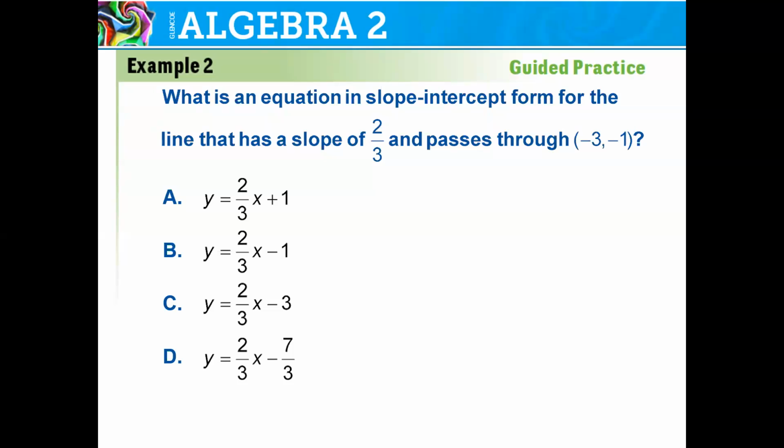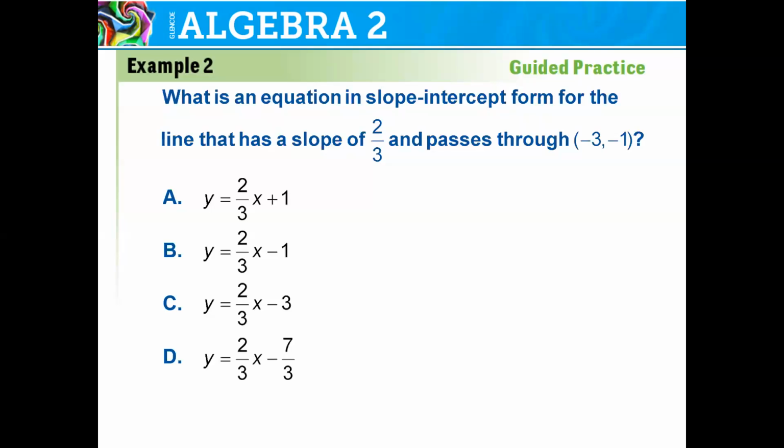So once again, we're going to use our point-slope form. It's going to set up as y minus a -1 is equal to 2/3 times x minus -3. Once again, we can simplify it to make it a little easier.